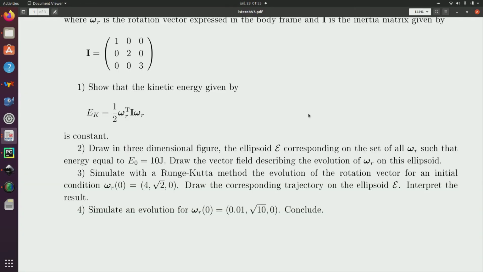Question number 3. With the Runge-Kutta method, I have to simulate the evolution of the rotation vector for an initial condition given here, and I have to draw the corresponding trajectory on the ellipsoid.